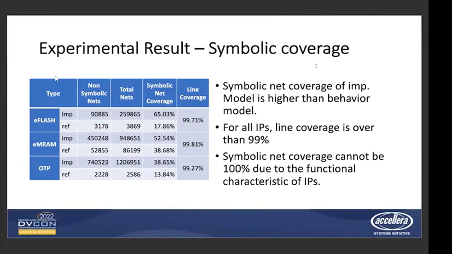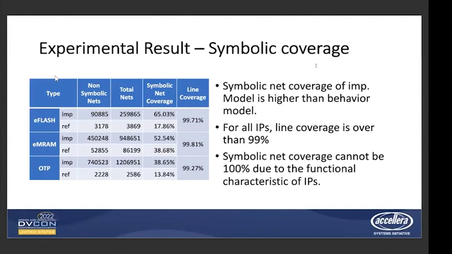From the table, IMP represents the implementation design, which is the extracted netlist, and REF means the reference design, which is the behavior Verilog model. Symbolic net indicates the net which is covered with a symbol value at least one time during the ESP simulation.